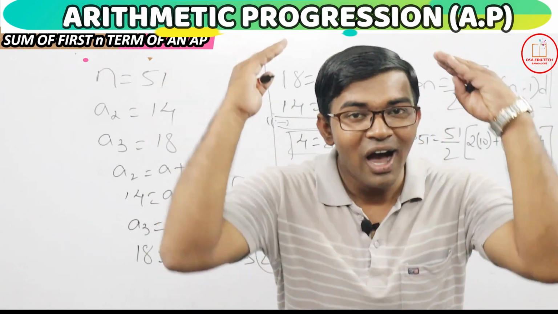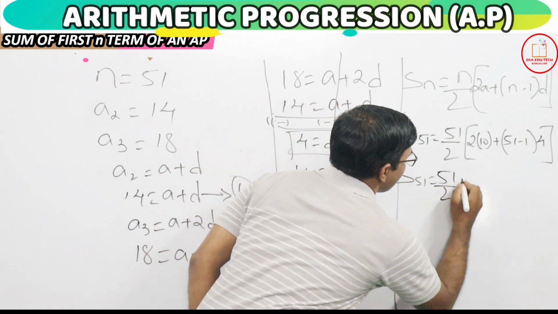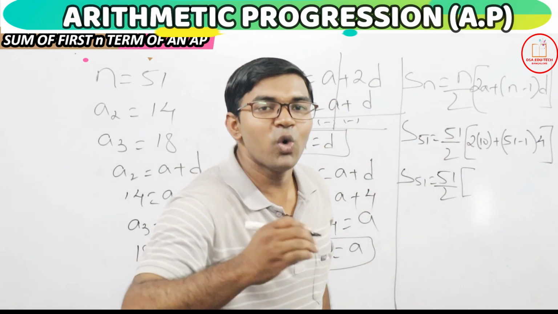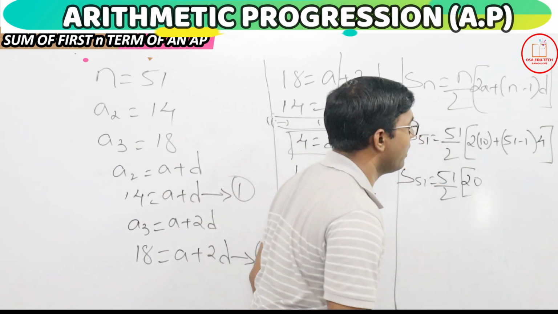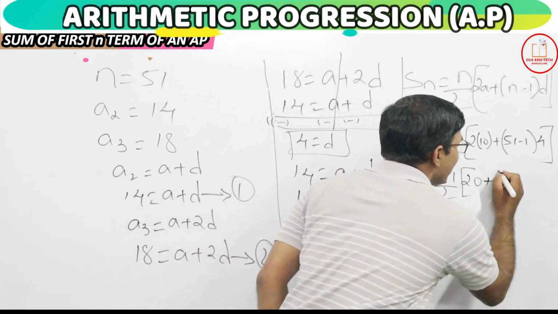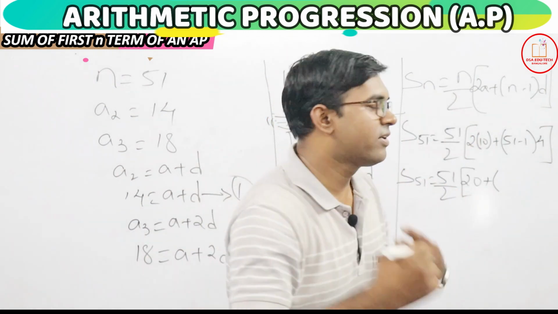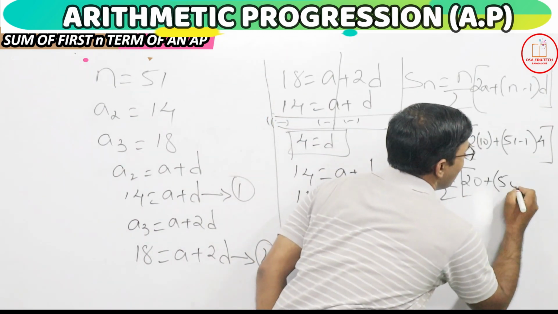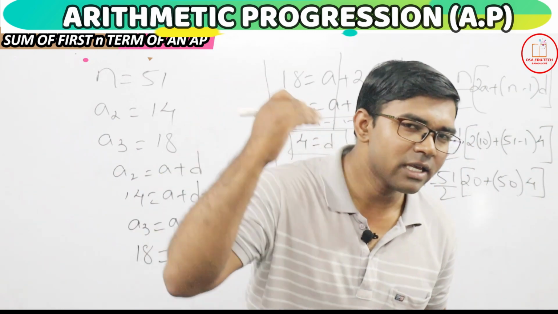I don't want that, so I will keep 51 divided by 2 as it is. Now 2 into 10 is 20. Now plus, and in 51, if I subtract 1, I get 50. So let me write 50 into 4. Everyone is getting it? Yeah, cool.